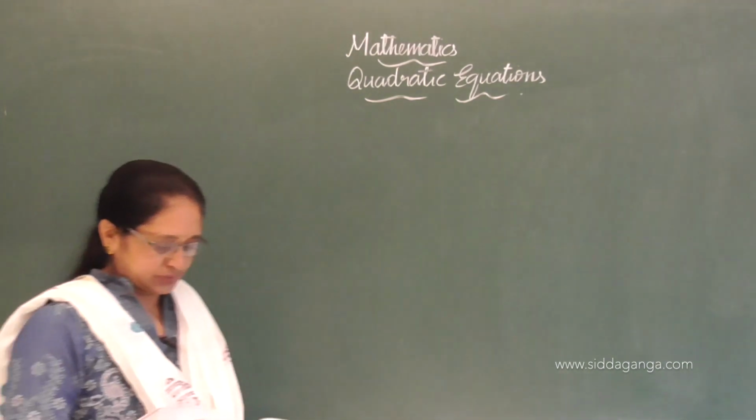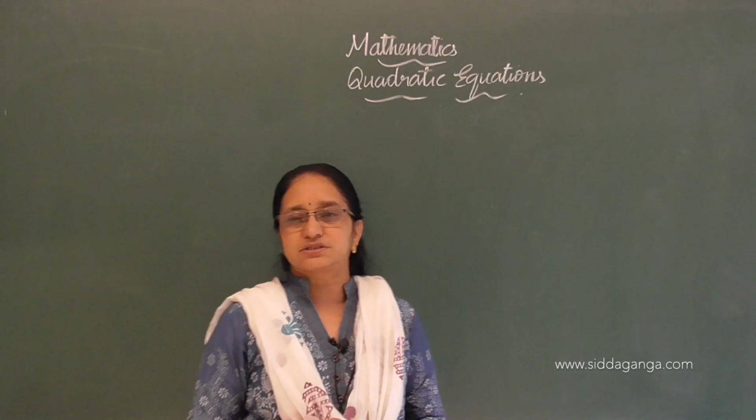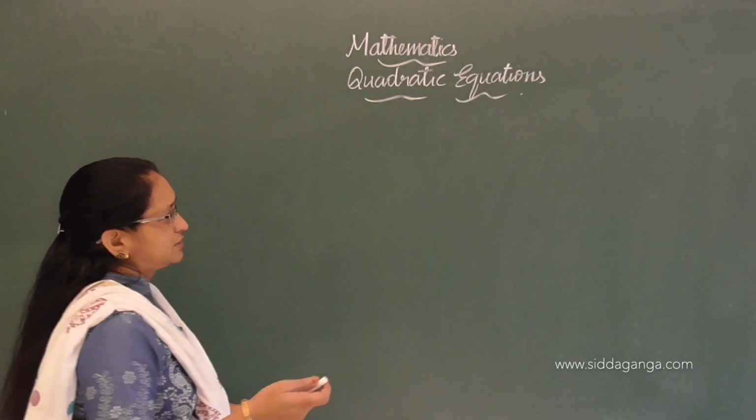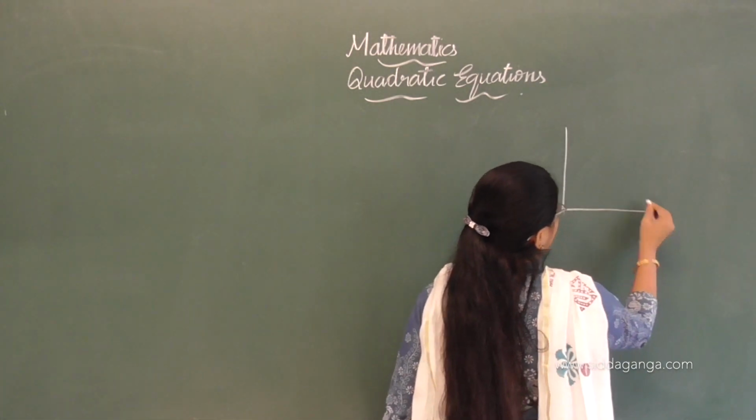Next one, the altitude of a right triangle is 7 centimeter less than its base. If the hypotenuse is 13 centimeter, find the other two sides. Actually, in the first class, in the introduction class, I had told about this. Just once again I will try to recall.